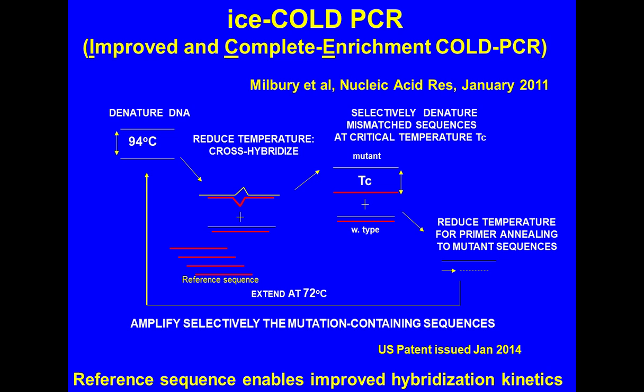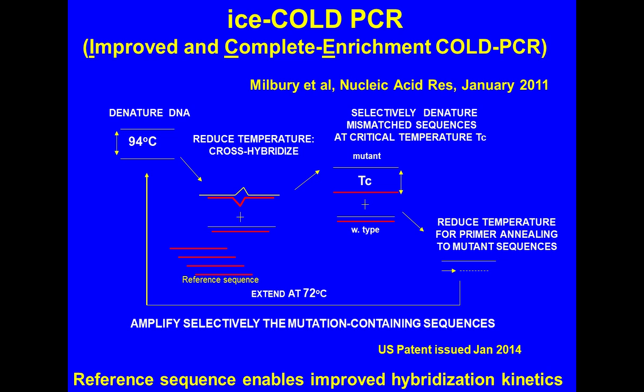Now, the other thing, of course, is that since you are including a synthetic reference sequence, you can synthesize it either from an oligonucleotide synthesizer or via PCR, like we did in the original paper. You can always include modified bases in there.